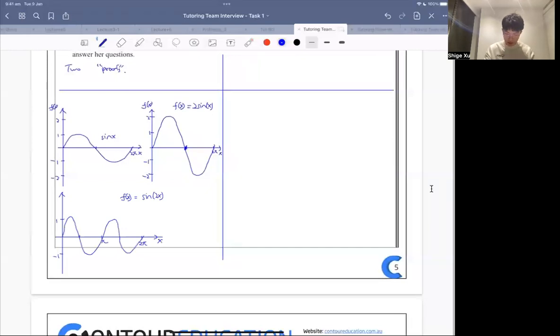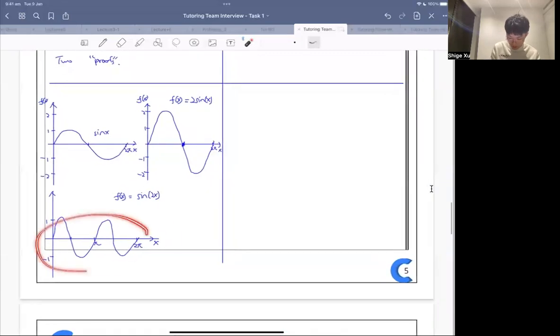Something like that. If you compare this with the original graph, the y-axis doesn't change. We are still going from -1 to 1. But along the x-axis, you can see that it is sort of squished towards the y-axis. Before it was here, now we're squishing it, and it becomes a much shorter wave, if you like. Right?